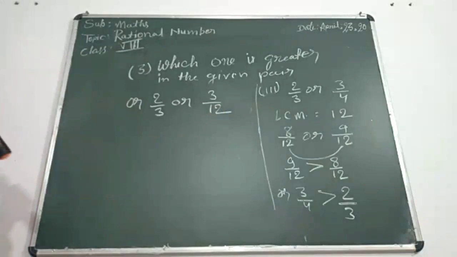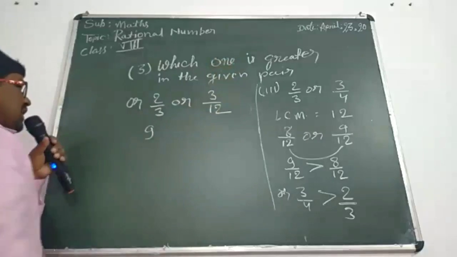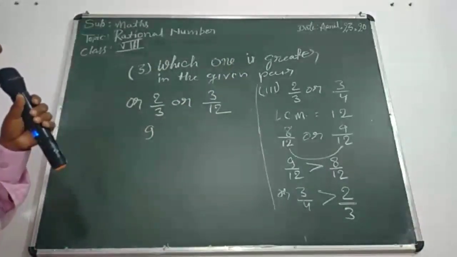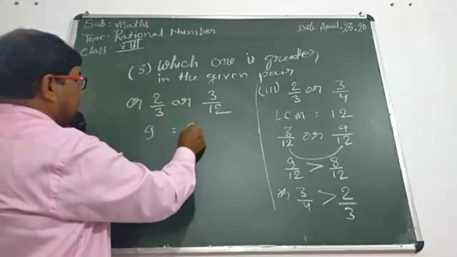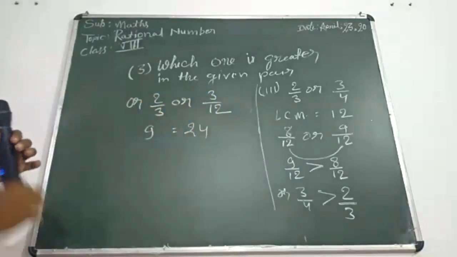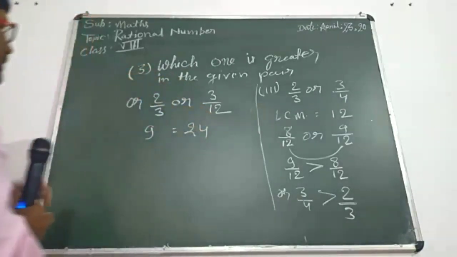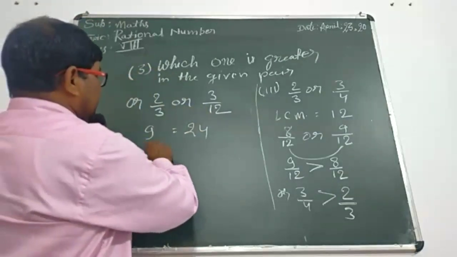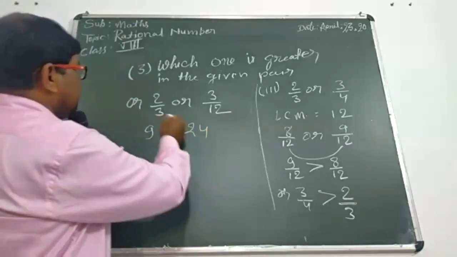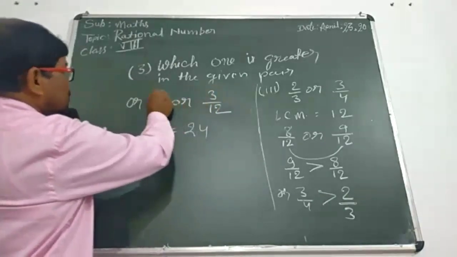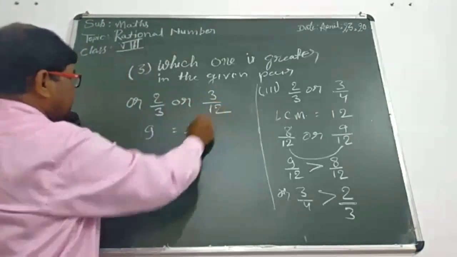Cross multiply. 3 3s are 9. 12 2s are 24. 9 is not equal to 24.